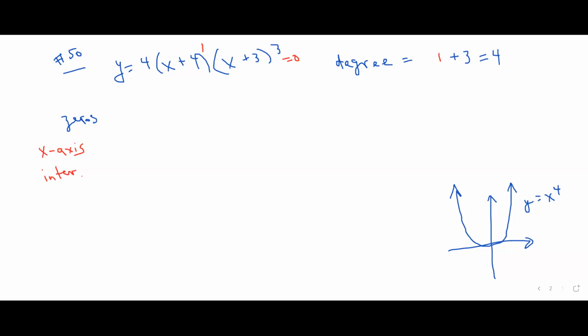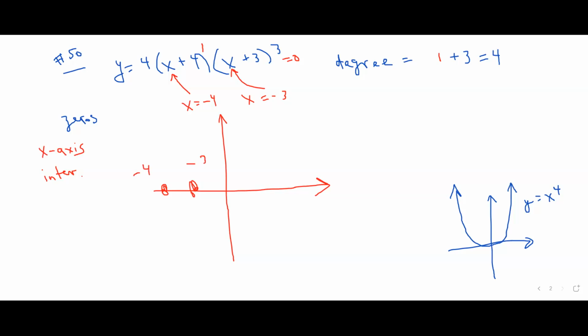So from setting this to 0, I can see that my first parentheses turn to 0 when x is -4, right? Let me plug in -4, and the second parentheses when x is -3. So we've got 2 points of intersection with the x-axis. So let me put them someplace here and here. They are kind of close to each other, -3 and -4.